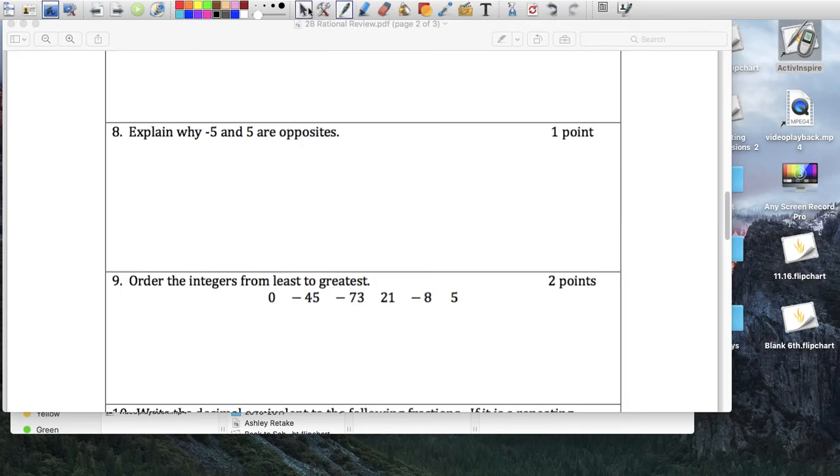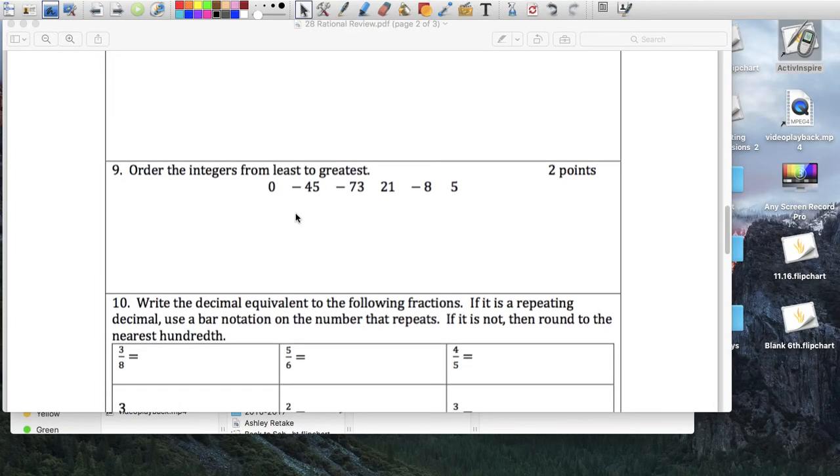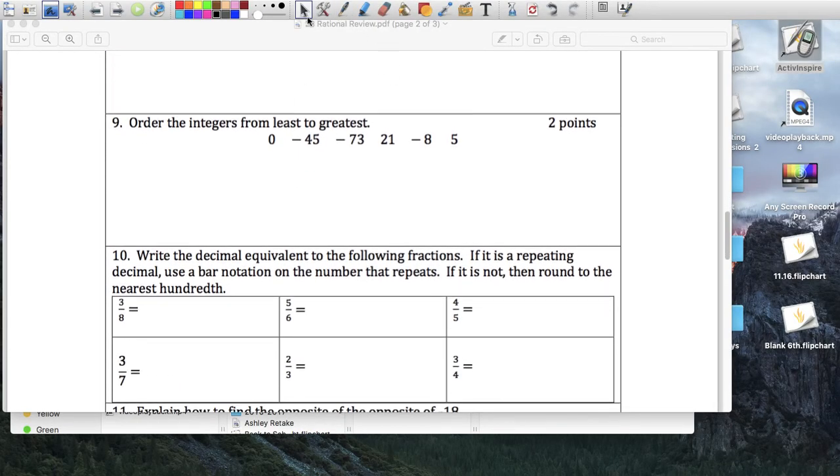Put these in order from least to greatest. So the smallest number is the number on the number line furthest to the left. So imagine a number line. The number all the way on the left would be -73. And as you move to the right, you would count up: -72, -71, and so on, -45, and then as you're counting, you hit -8.